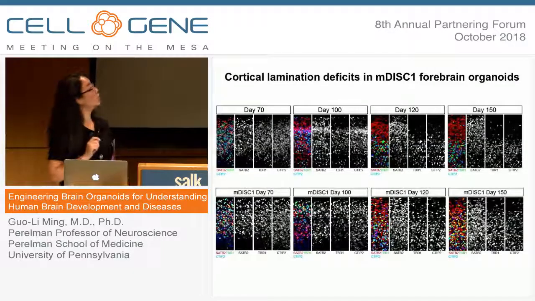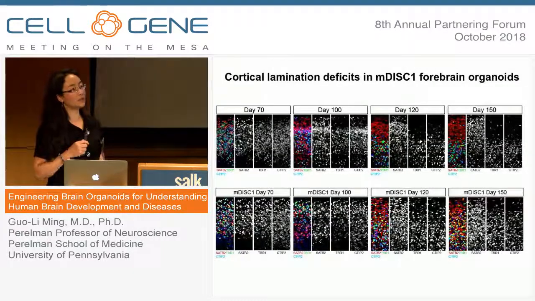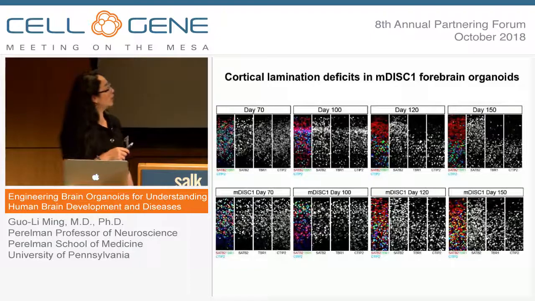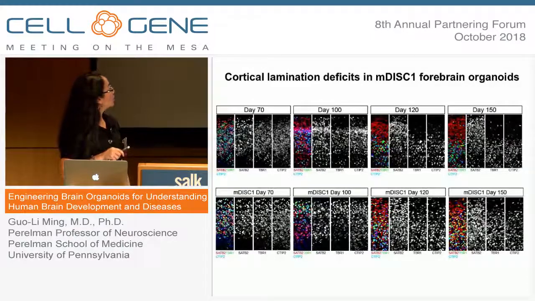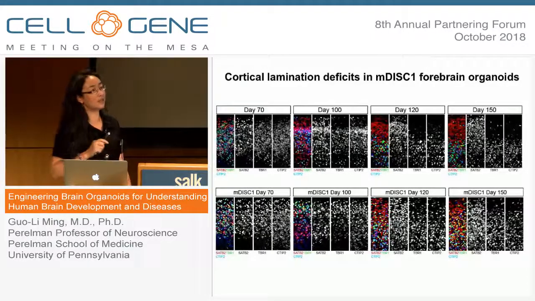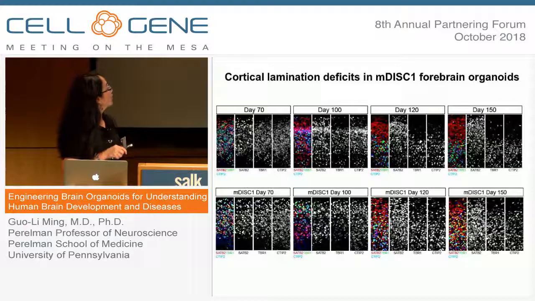However, if we look more closely at the neuronal maturation of these organoids, I've shown you earlier that starting from day 120, we start to see separation and distinct laminar layers of cortical structures in these organoids.